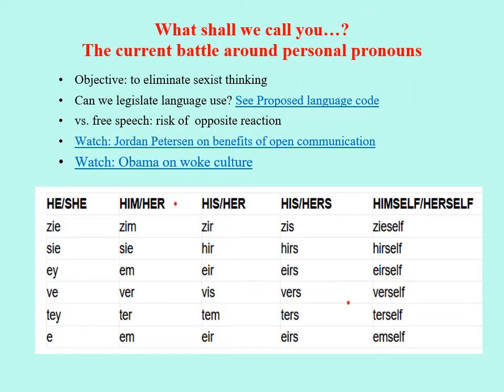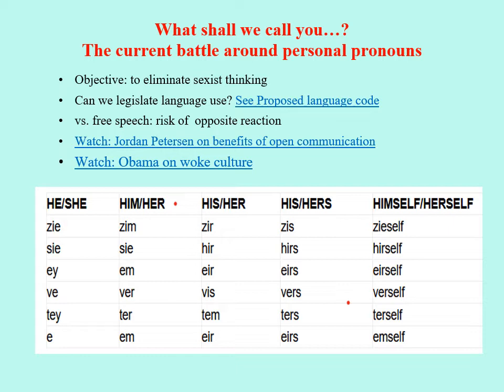Another particularly interesting controversy has surrounded attempts to change personal pronouns. Personal pronouns are much more difficult to change because they are very deeply embedded in the structure of language. They're used very automatically. Children learn personal pronouns very early on.